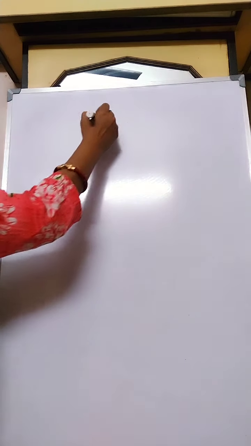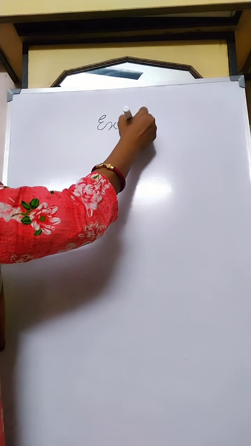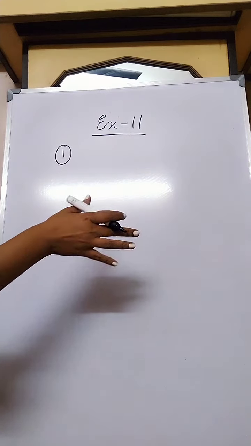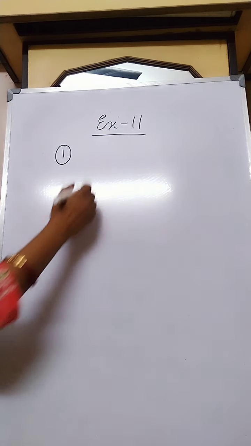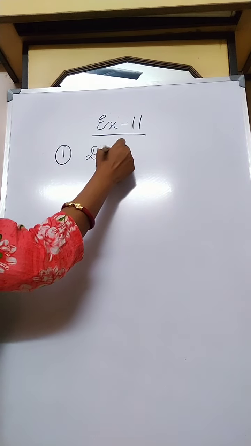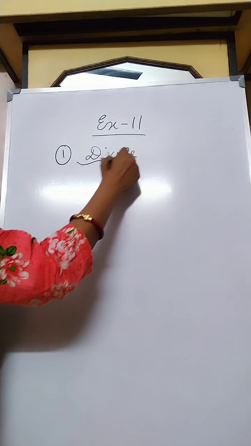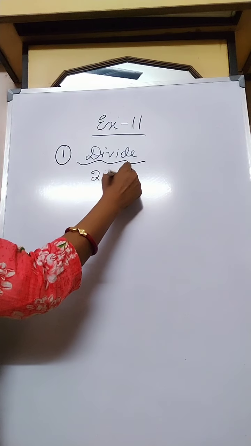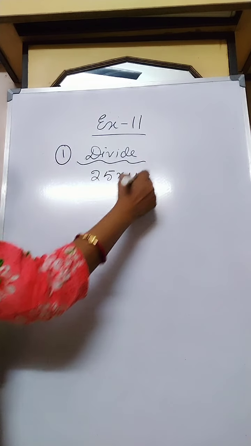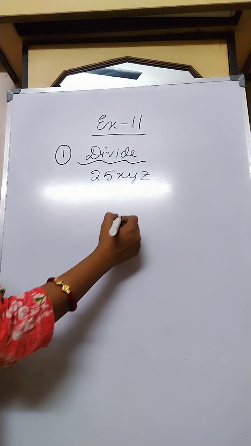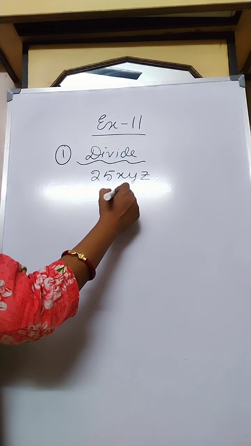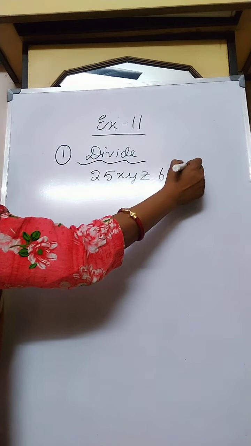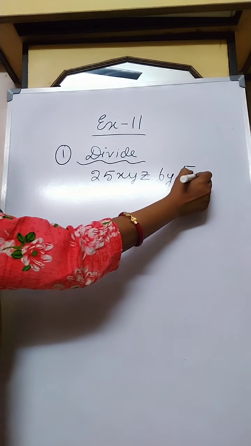Suppose I am starting today exercise 11 with sum number 1 of exercise 11. This is the last exercise of the polynomials chapter. It is given: divide 25xyz by 5yz.